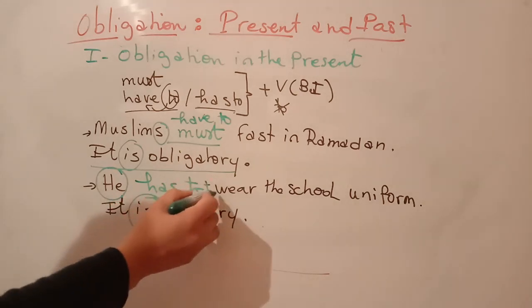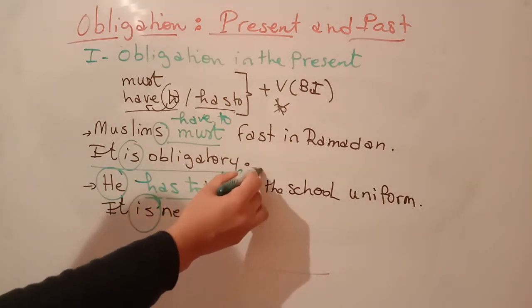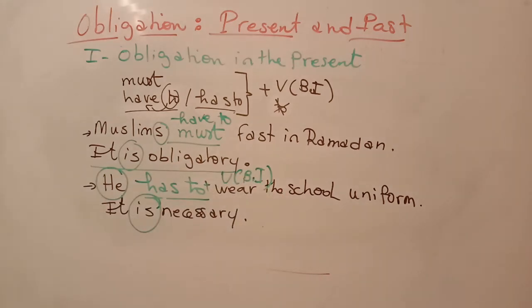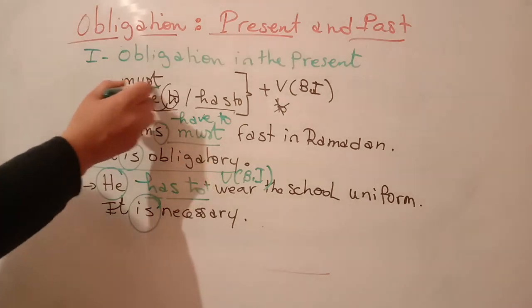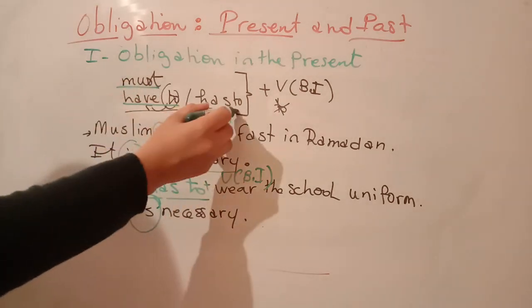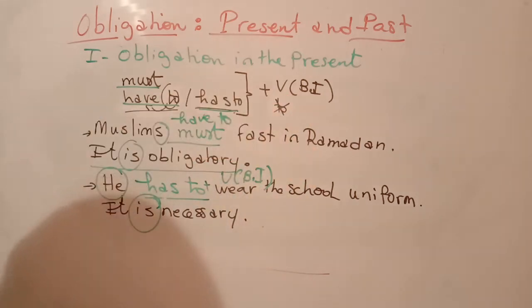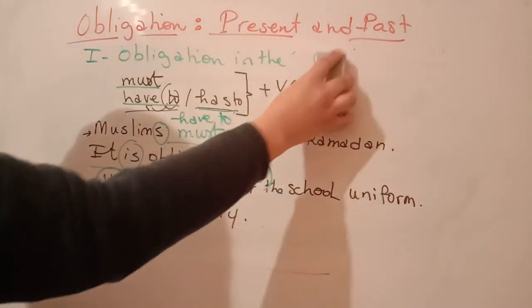Has to, of course, plus verb bare infinitive. Is it clear? Okay, so to express obligation in the present, we use must, have to, or has to plus verb bare infinitive. Okay? So let's move to obligation in the past now.